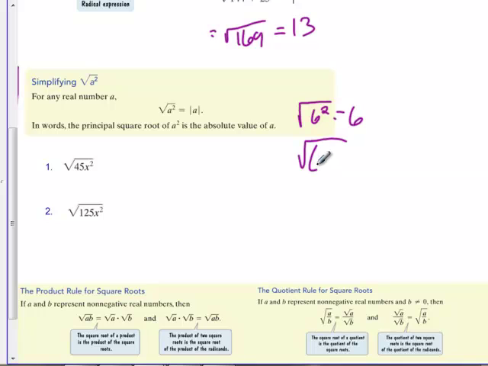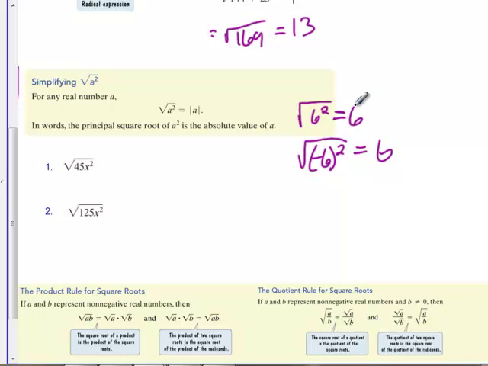The square root of -6 squared is going to give us 6. Those are both going to spit a 6 out. But if those had been an x, so the square root of x squared or the square root of the -x in parentheses squared, it's still going to give us a positive x. So we've got to make sure we're taking the absolute value of it, so that we're given the positive answer.